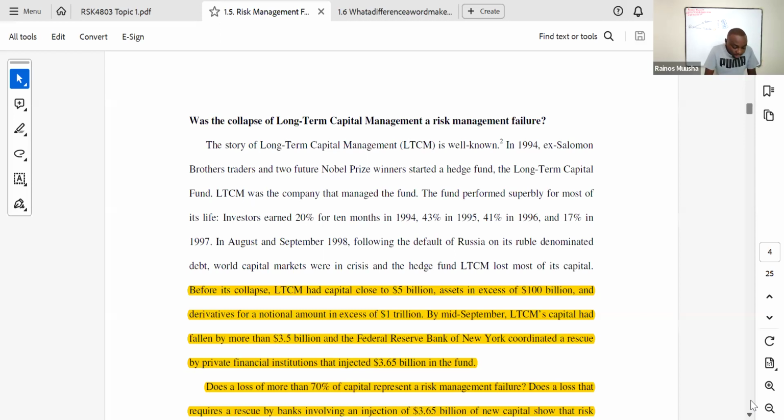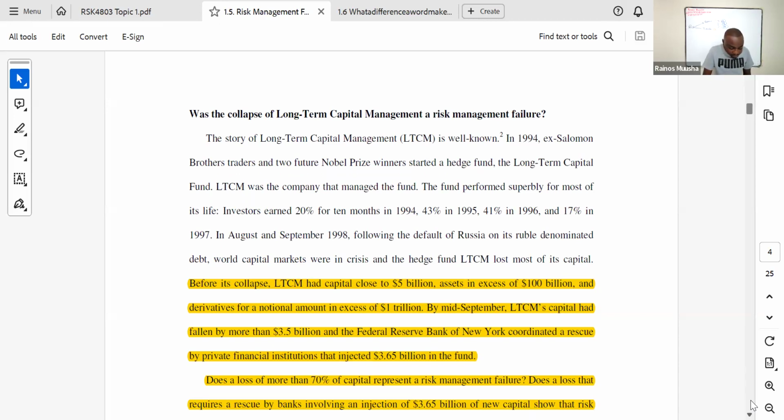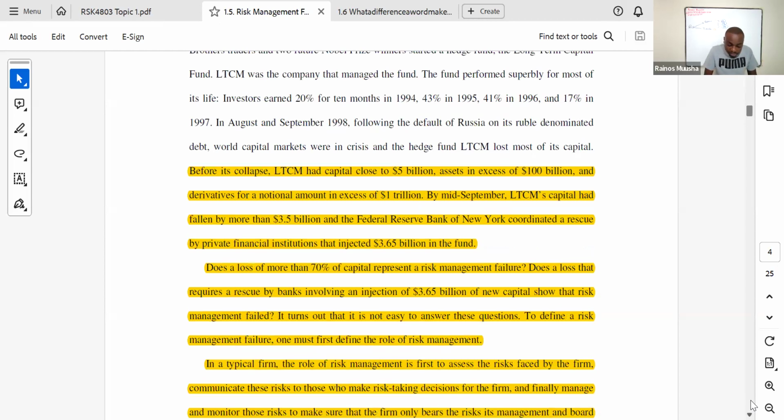Here, under the headline, "Was the collapse of Long-Term Capital Management a risk management failure?", they give us a brief background of what was happening within this company. I'm always going to be reading the highlighted sections, because those are the sections which we deem to be important.